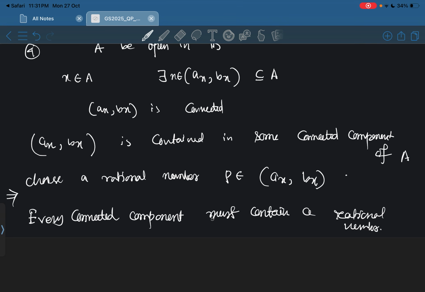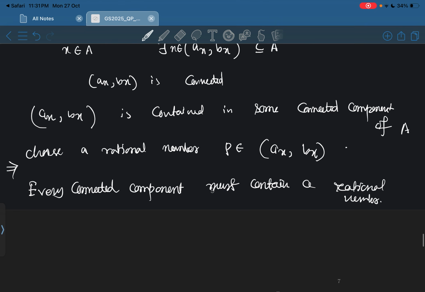So every connected component must contain a rational number, and the connected components are disjoint, right? If you take two distinct connected components, they must be disjoint. So that means there can be at most countably many connected components, because every connected component must have a rational number, and they are disjoint. So the rational number inside every connected component must be a distinct rational number. There is no common rational number, right?